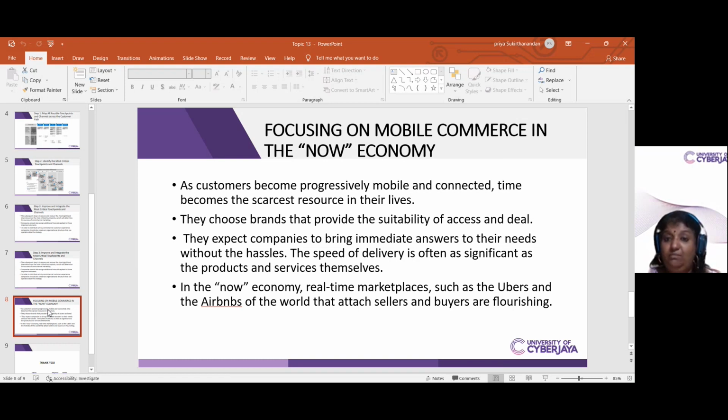So it is very, very important that the customers are contacted using both approaches. That is why you find that omni-channel marketing is flourishing simply because of both online and offline engagement that is done by the organization.